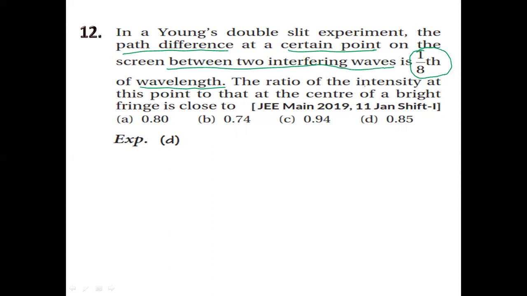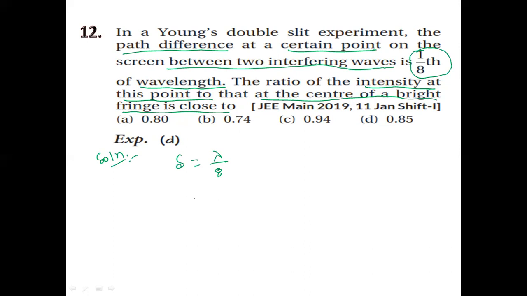The ratio of intensity at this point to that at the center of a bright fringe is close to what? Firstly, path difference is given, that is delta is equal to lambda by 8.